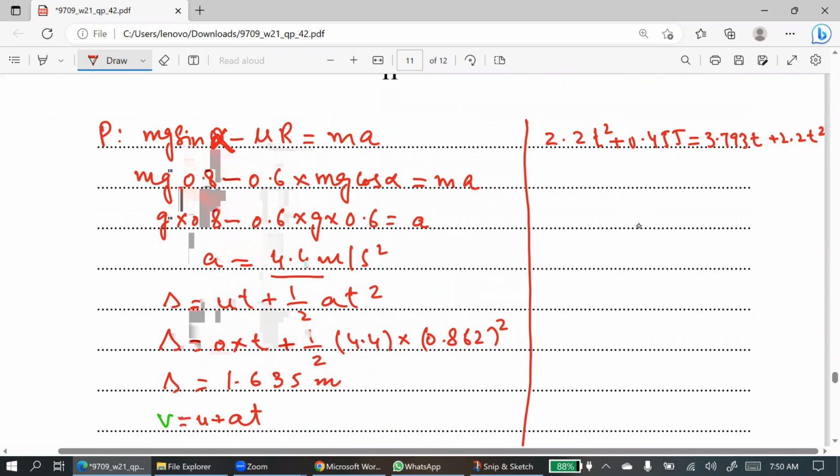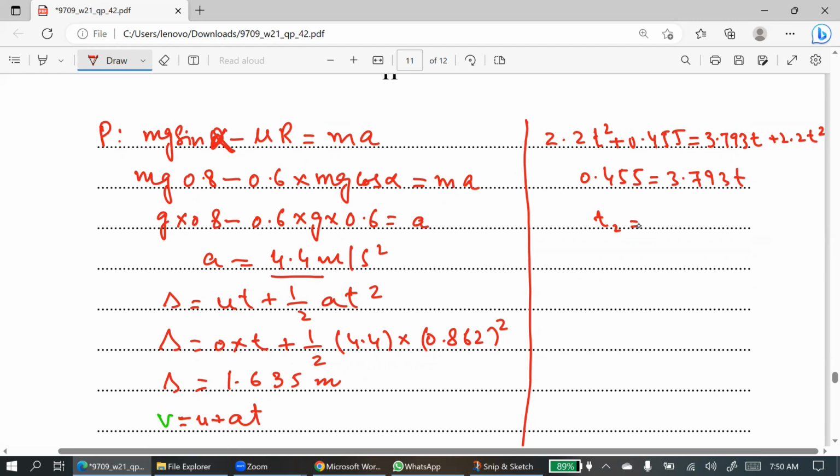We will cancel out 2.2 t square with 2.22 t square, leaving 0.455 is equal to 3.793 t. This one is the time for the downward motion for stage 2, so we will name this one T2.